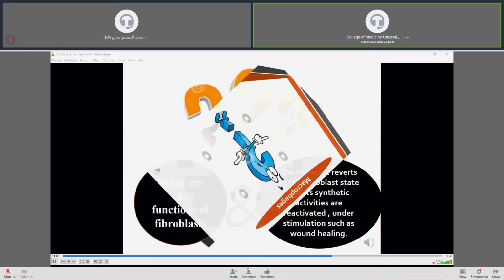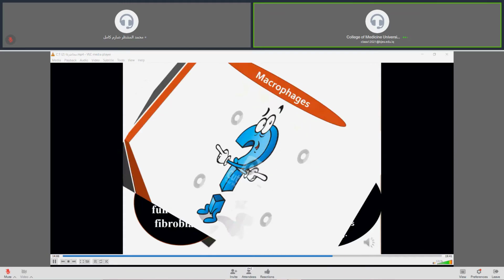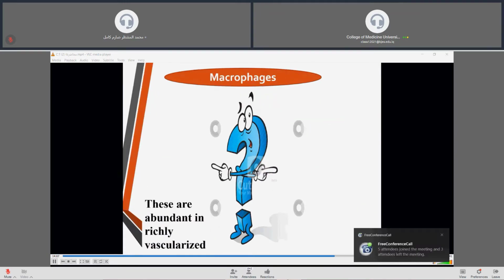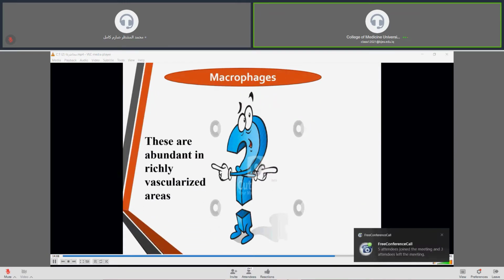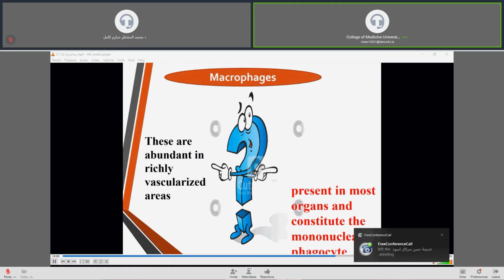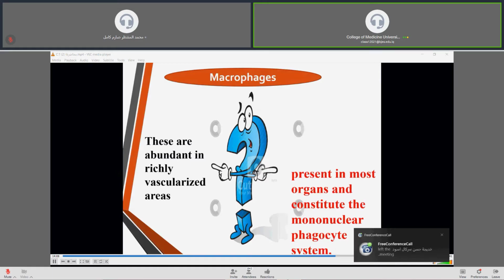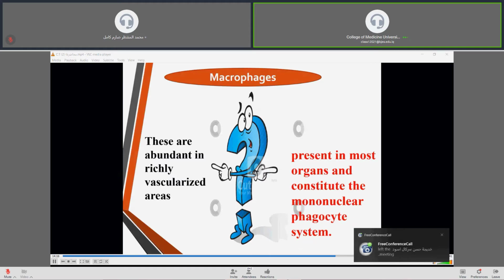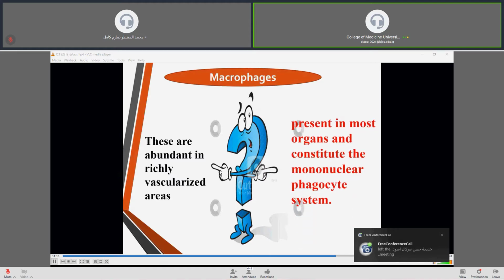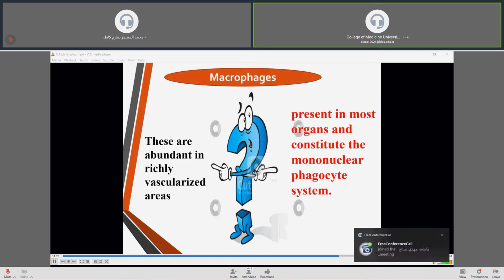Macrophages are as numerous as fibroblasts in connective tissue. These cells are abundant in richly vascularized areas. They are also present in most organs and constitute the mononuclear phagocyte system, part of the body's defensive phagocytic system.